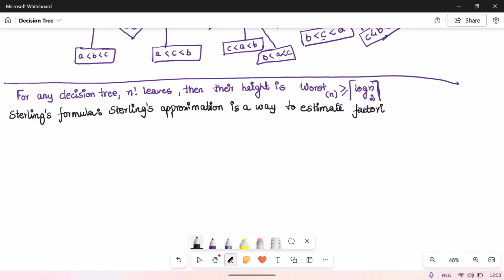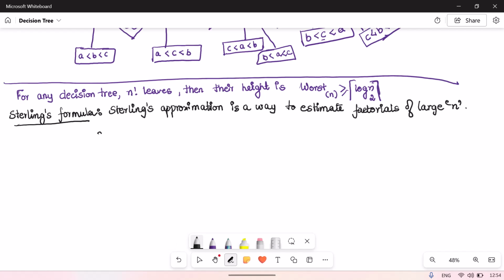It is a way to estimate factorials of large n values.